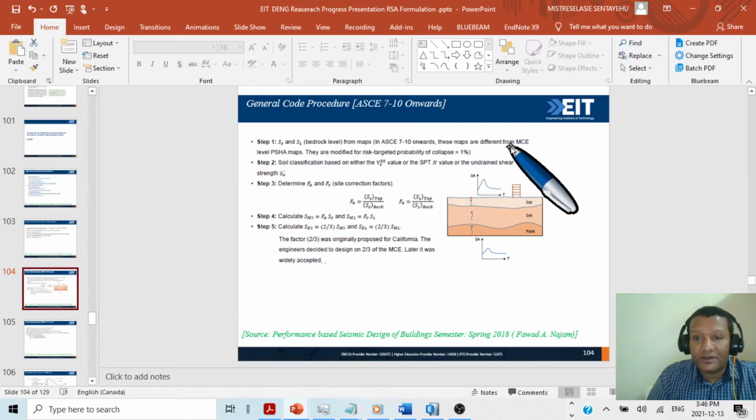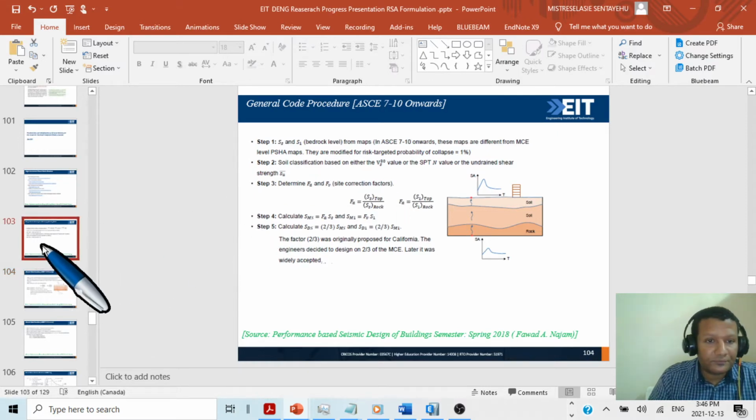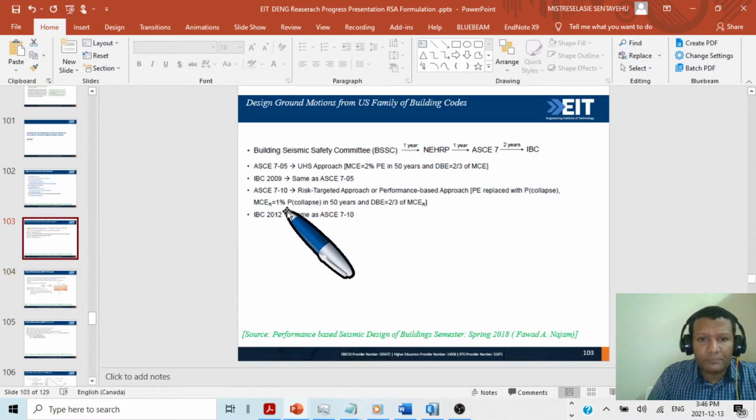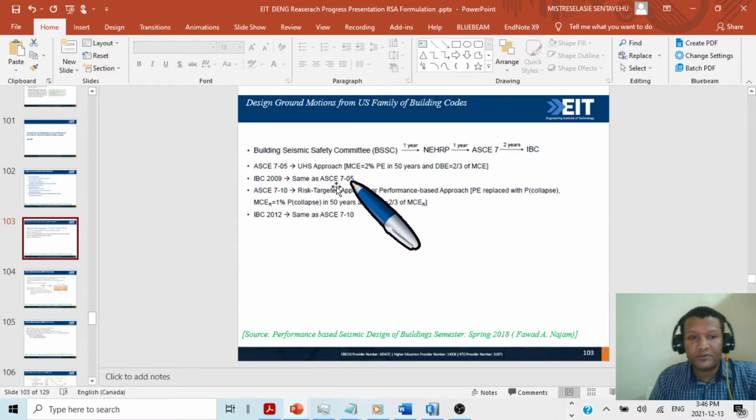These maps are different from the MCE level. This PSHA, probabilistic seismic hazard map, is modified for the risk-targeted probability of collapse, as I showed you, 1% P collapse in 50 years instead of 2% probability of exceedance.